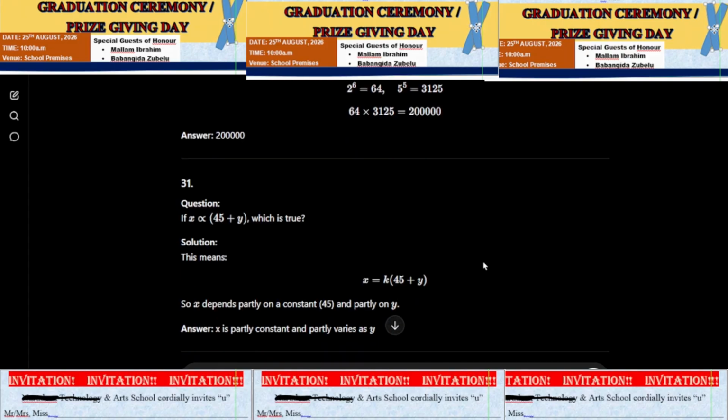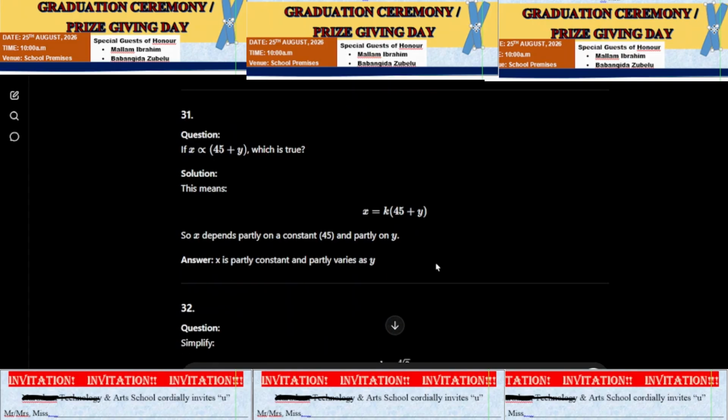All right, look at the next question here. We are asked this question. If x is directly proportional to open bracket 45 plus y close the bracket, which is true. So we want to know the true part of this question, but you can see the question doesn't have the objective here.